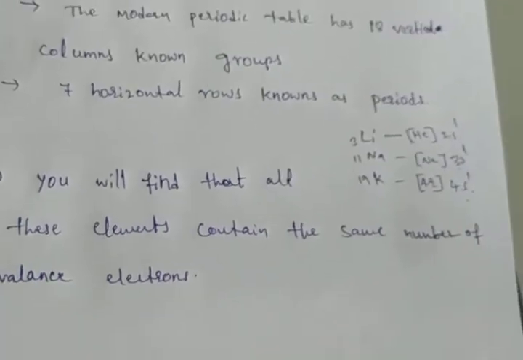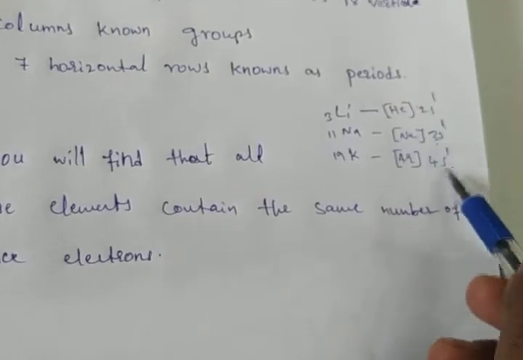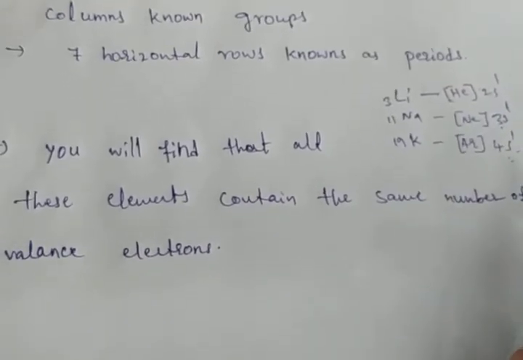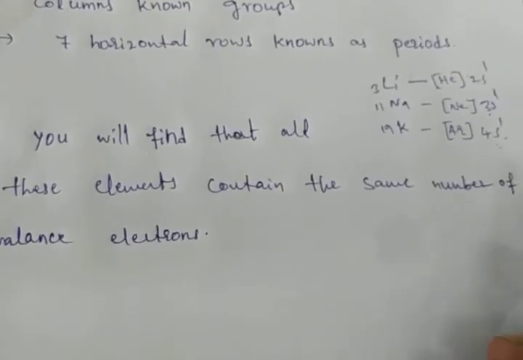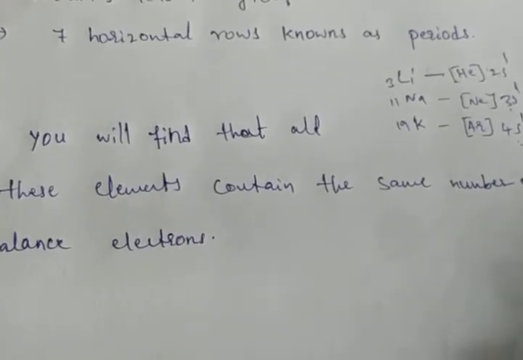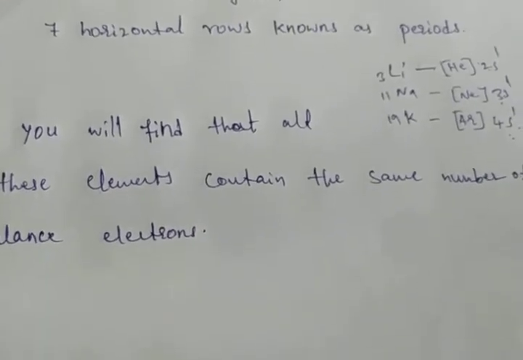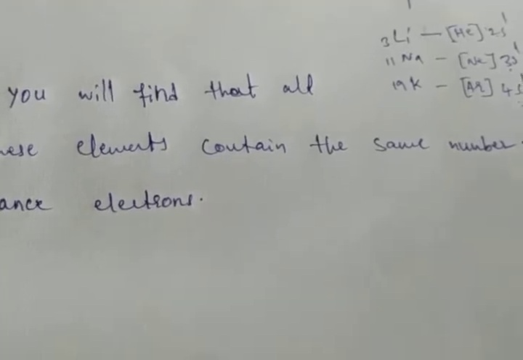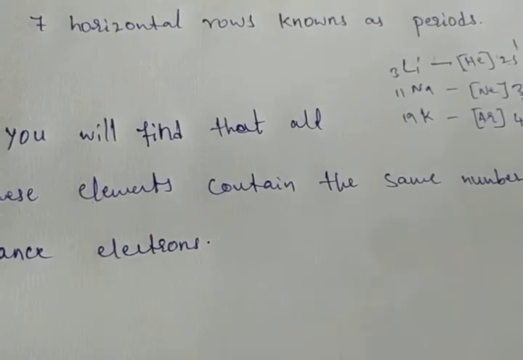Already we saw the same number of valence electrons. All these elements contain the same number of valency electrons. Similarly, you will find that the elements present in any one group have the same number of valence electrons.